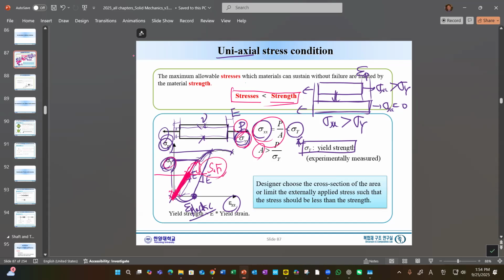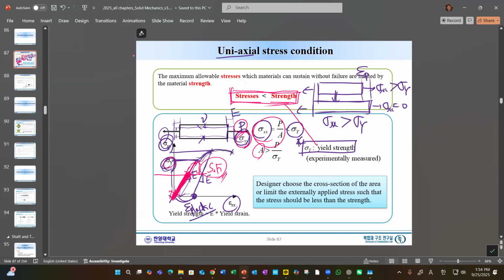That is important in real design. But as long as we understand this concept, we can introduce a safety factor anytime. Well, to make a long story short, very simple. The stress should be less than strength.